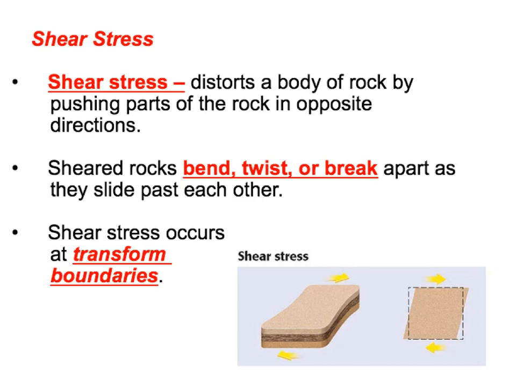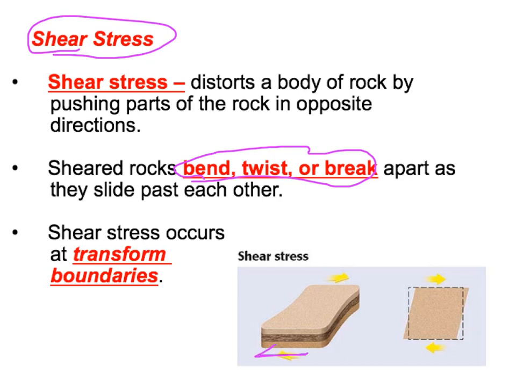The final type of stress is the shear stress. The shear stress is a bending or twisting and maybe eventually a breaking of a rock. So you have two sides moving in opposite directions but not right at each other.